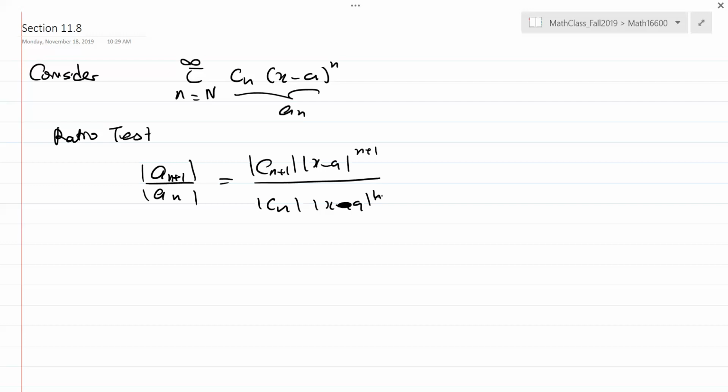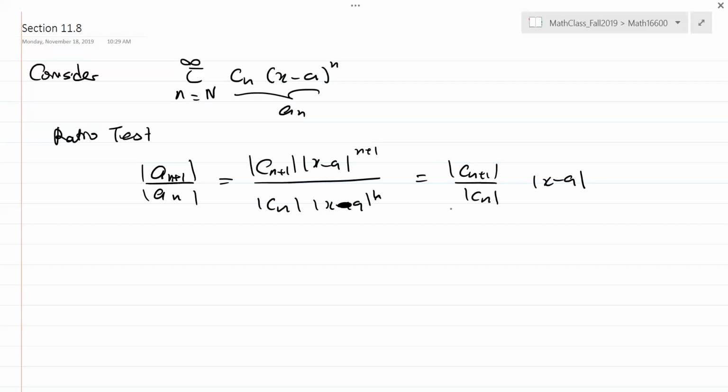So let's simplify. I cannot simplify this ratio. We don't know the c_n here, but I can get x minus a here, right? Now I have to make an assumption, because if the coefficients are too bad, I cannot determine convergence.